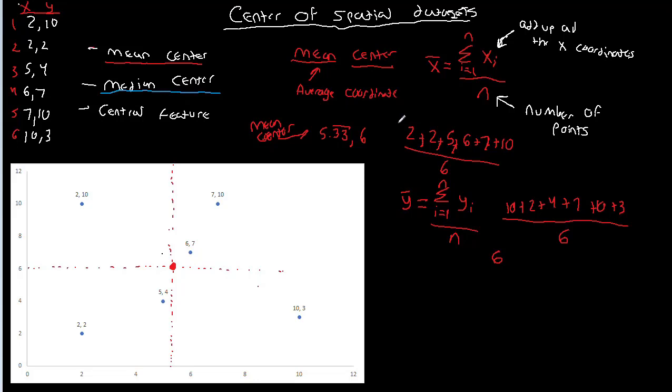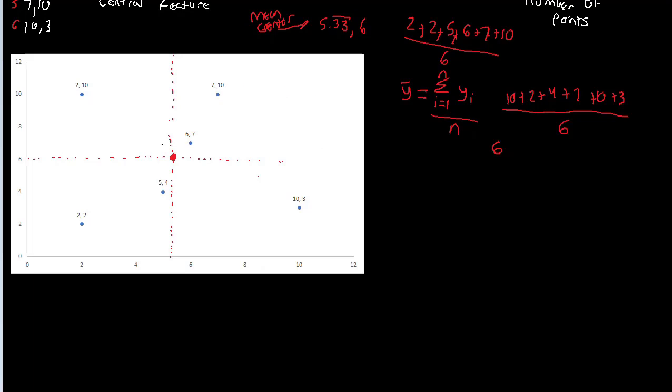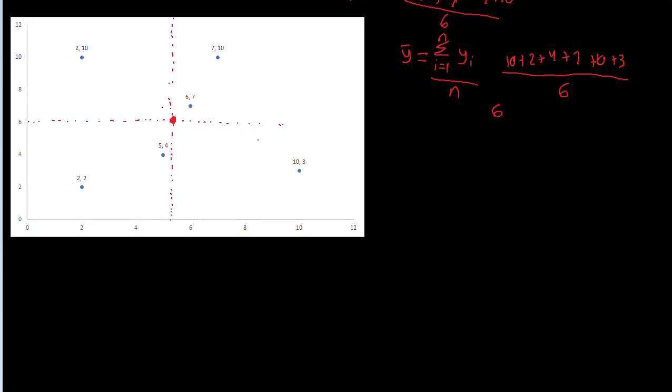But what I want to do is talk about a concept, hopefully a review, called Euclidean distance, and then talk about how this median center actually works without being able to actually calculate it, because it's an iterative algorithm. But let's go ahead and give ourselves a little bit of space here to talk about how median center works.